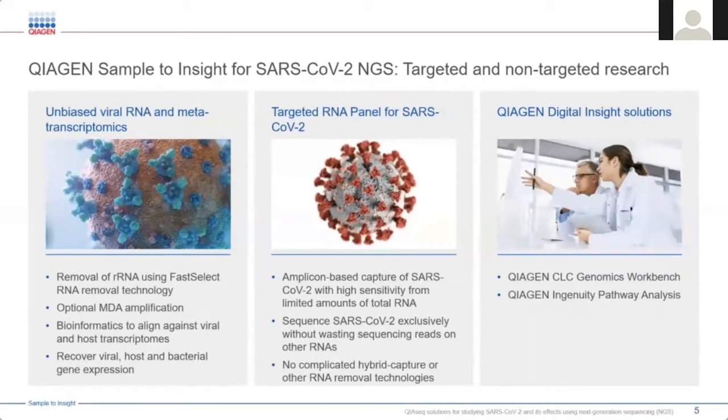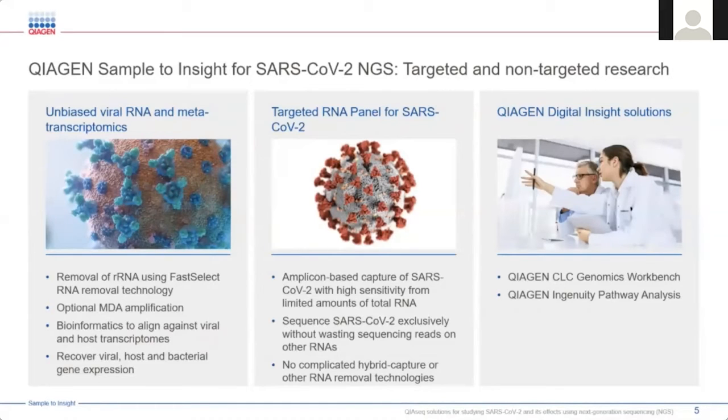Now, QIAGEN is tackling this on a few different fronts. With both a targeted and a non-targeted approach, QIAGEN has solutions available to drive your research. If we start off with an unbiased viral RNA and metatranscriptome approach, QIAGEN has solutions to go from picograms or nanograms of input to over nanograms of input, depending on the sample type, to look at the global RNA expression of not only whether the virus is there, but how the host is responding to everything, and look at this as a totality.